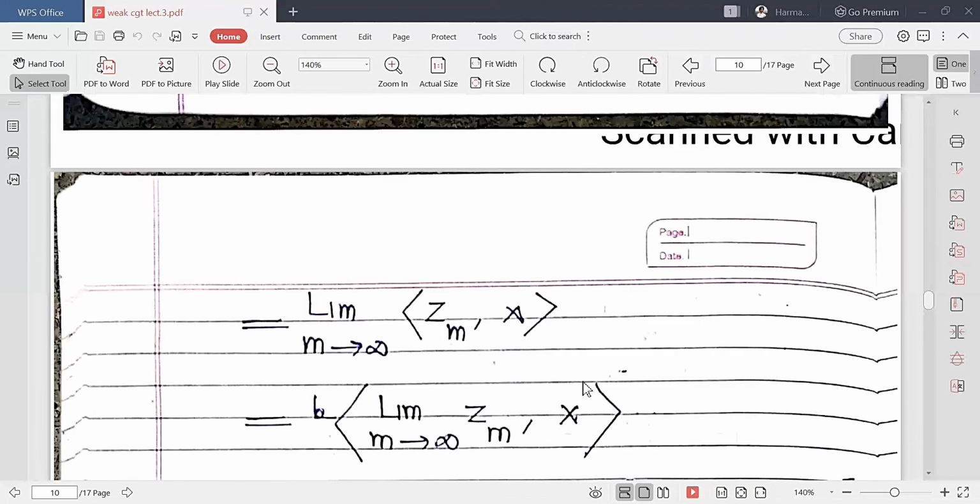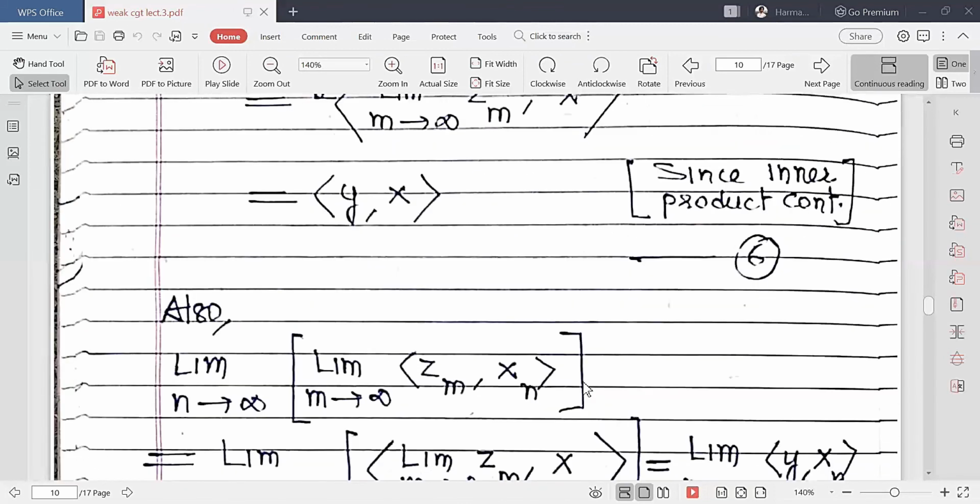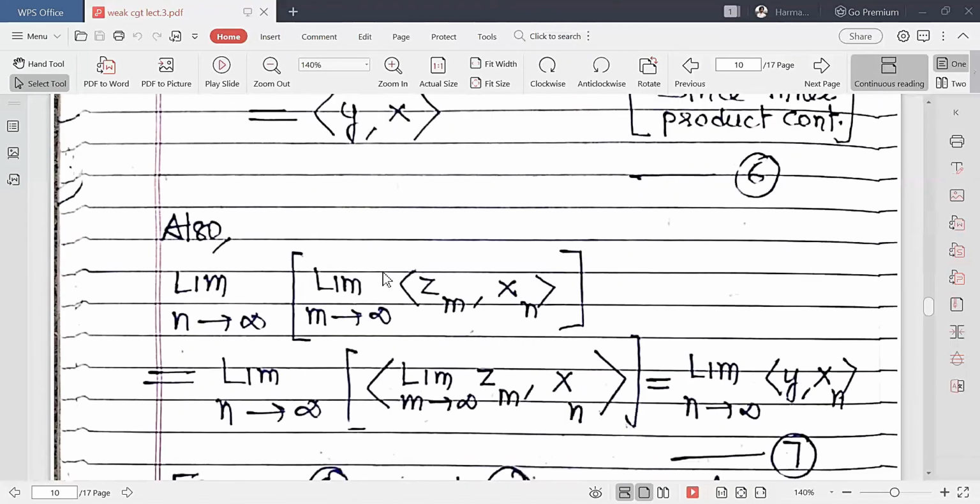This is one part of the double limit. Second part: now first we take the limit as m approaches infinity. Now this value is equal to this, and this value is equal to the limit as n approaches infinity of the inner product y comma xn. So this is equation number 7.